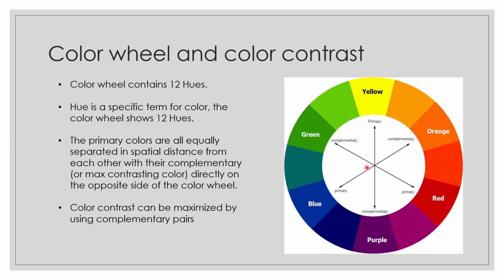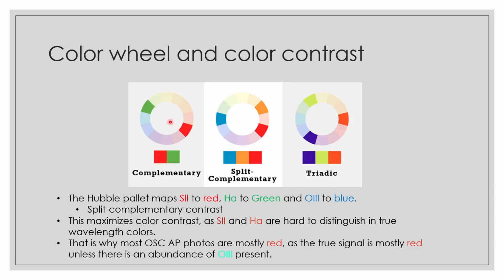I can't emphasize how much color contrast can enhance an image. And to kind of speak to this a little more, on the color wheel, there's different ways you can do complementary color mixing. So one's the straight primary and complementary color, like for this example, red and green. But then you can also do split complementary.